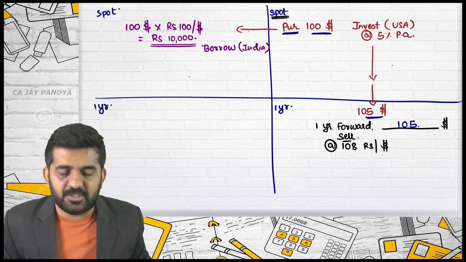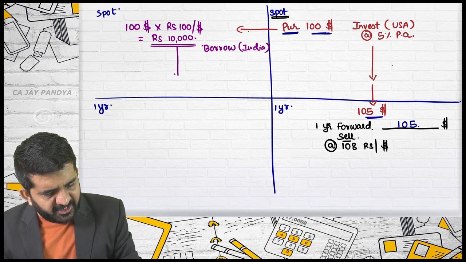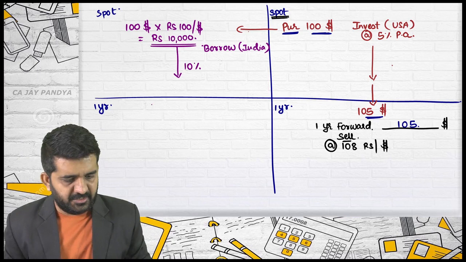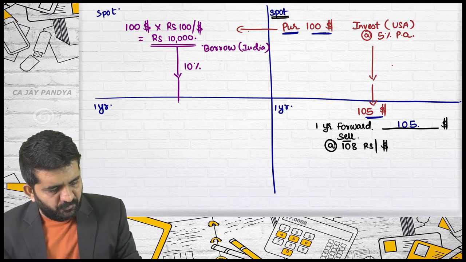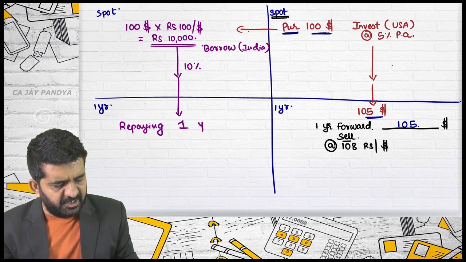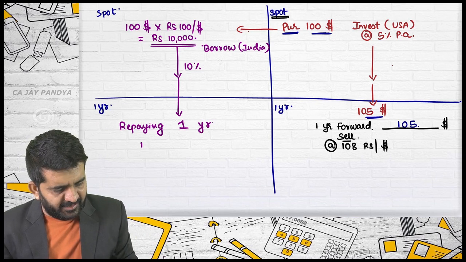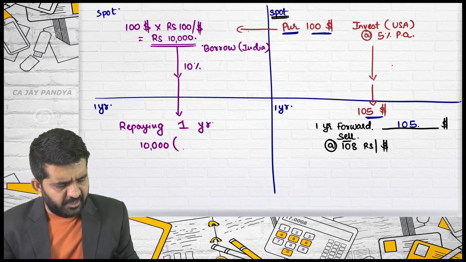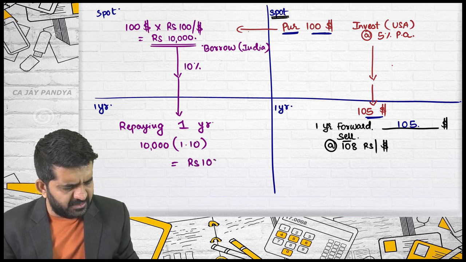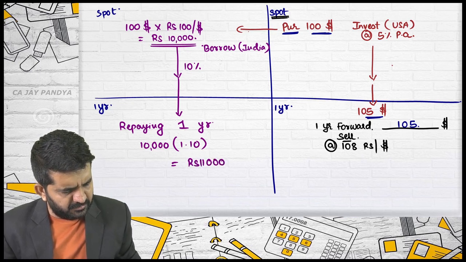In India, if you borrow it, what is the rate applicable? 10%. So you will be repaying after 1 year how much money? 10,000 into 1.10, that is nothing but rupees 11,000.